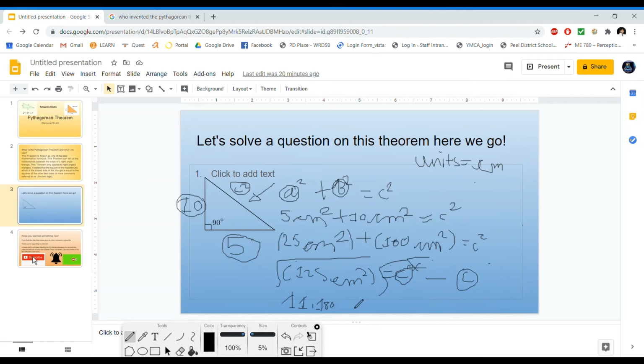So 11.180 centimeters, not centimeters squared, just centimeters, because we square rooted, so the square goes away. 11.180 centimeters equals c. That's your final answer. So today you just learned how to find any one side of a right angle triangle with the Pythagorean theorem.